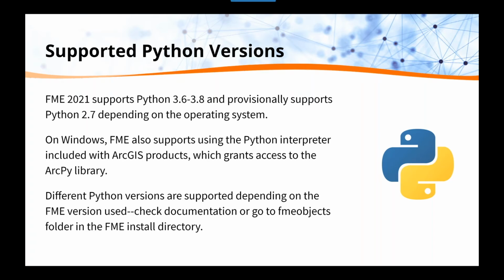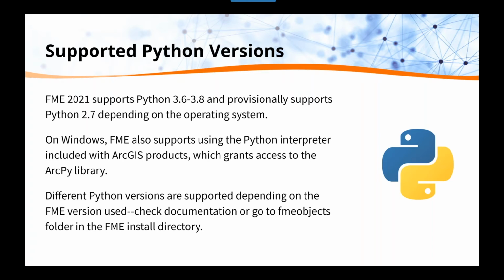It is available as an optional install component on Windows, so it is Windows-only support for now, and also supports using the Python interpreter that's included with ArcGIS products. So if you use the ArcGIS interpreters, you can use the ArcPy library, which some of you may already be familiar with. Different versions of Python are supported depending on which build of FME you're using.